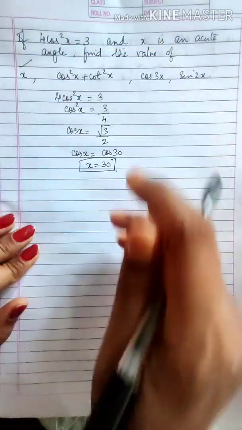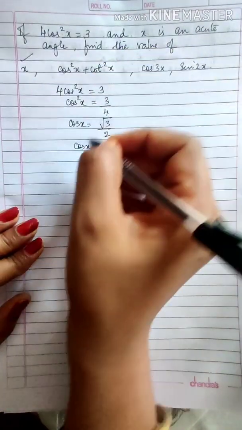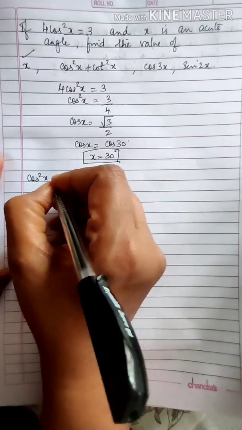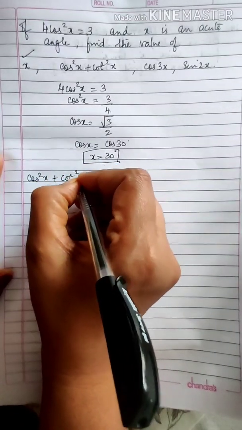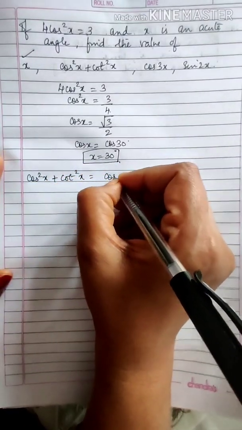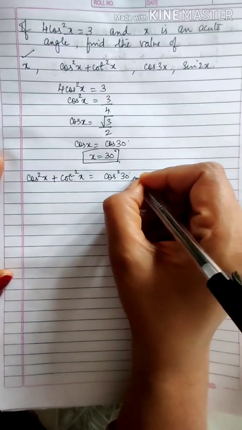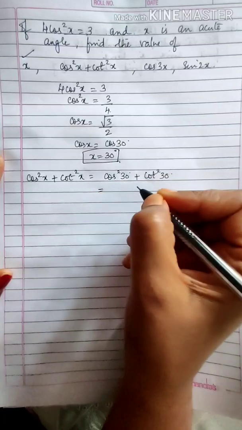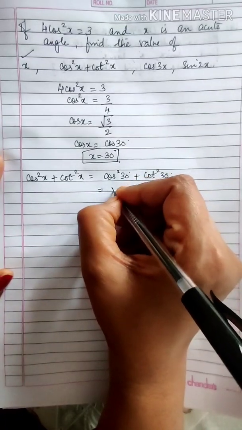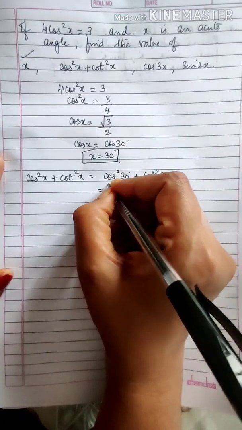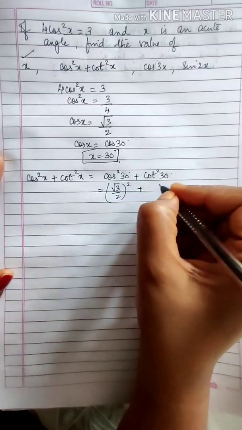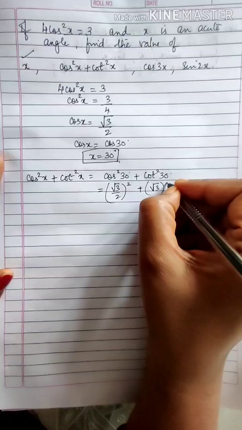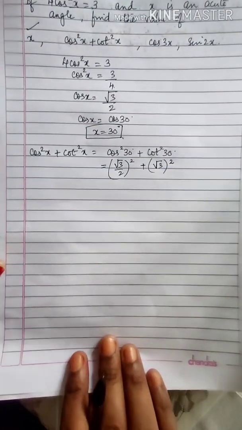You got the first one. Now next is, you have to solve the next expression, which is cos square x plus cot square x, which will be equal to cos square 30 plus cot square 30. The value of cos 30 is root 3 by 2 the whole square, and the value of cot 30 is root 3, and it will be square.